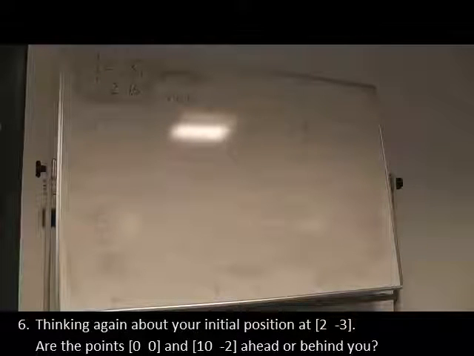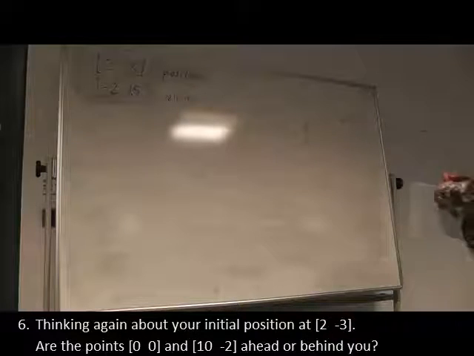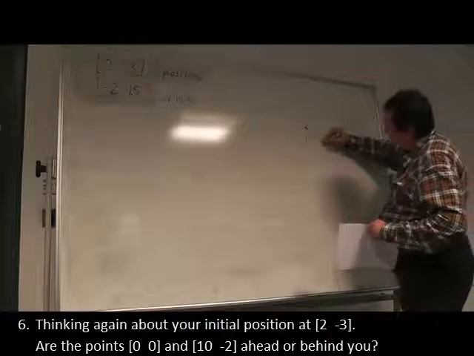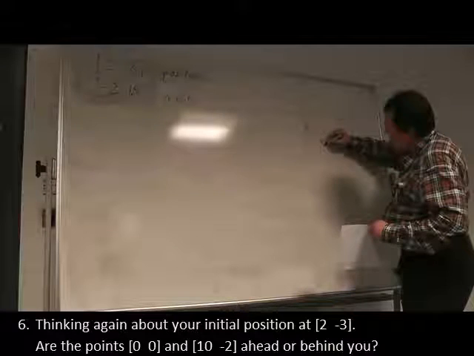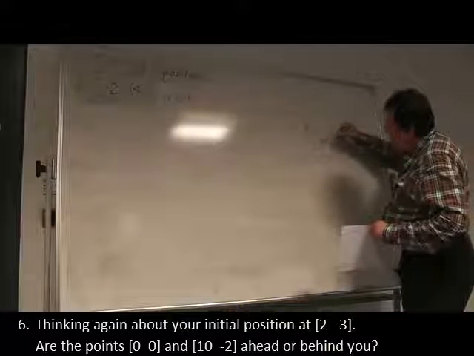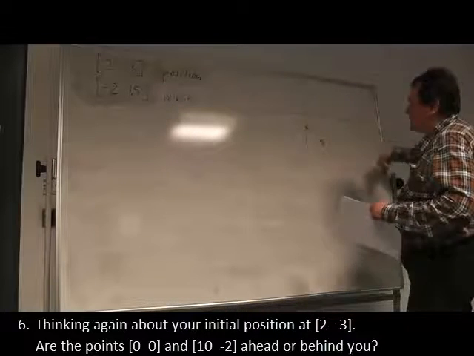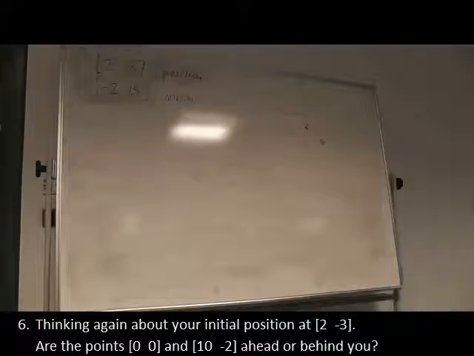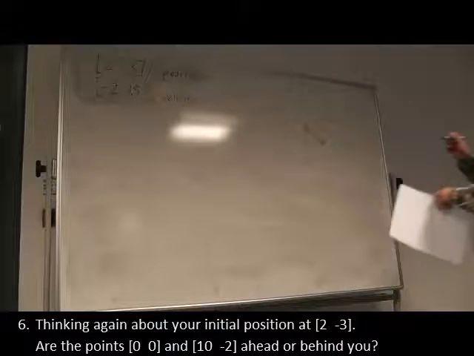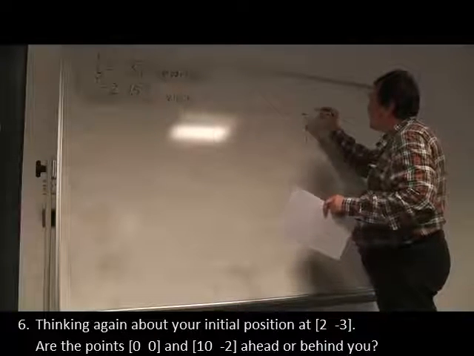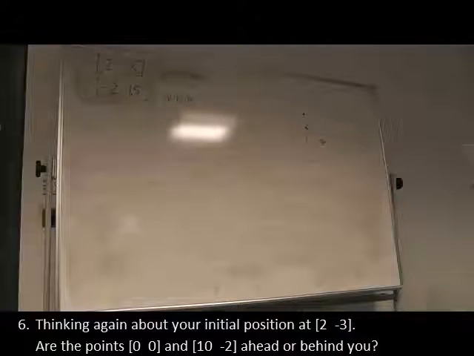Okay, now when we have our position drawn, this means that this direction is a kind of our front, and this is back or rear. The question is, there are 2 points provided here. One of these points is right here, 0, 0.